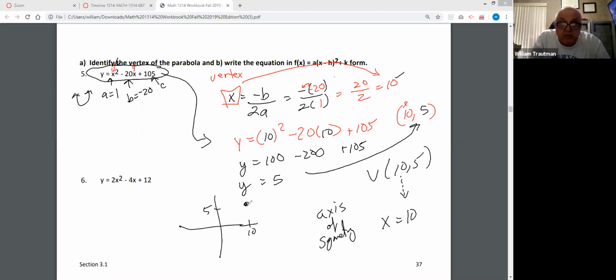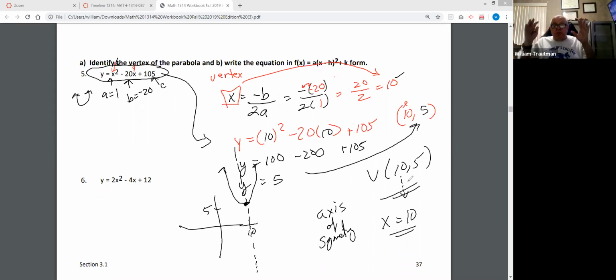And it's a parabola that looks like that. The axis of symmetry is a line that goes right through it, that splits that graph in half, goes right through the vertex at x equals 10.